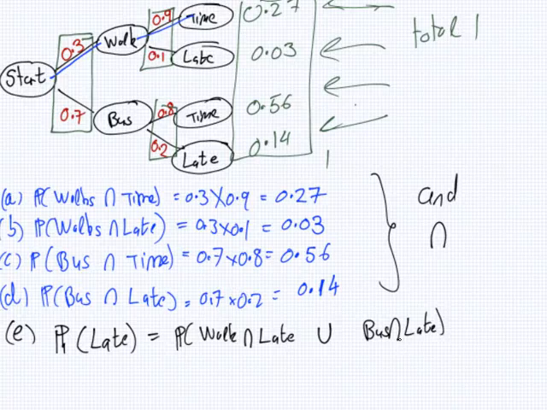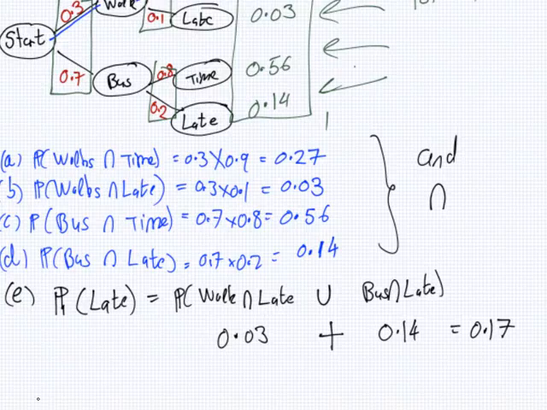So there's two ways they could be late. They could walk and be late, or take the bus and be late. The way we deal with or in probability trees is we add. Walk and late, well, we worked that out earlier. What was walk and late? 0.03. And bus and late? 0.14. So this one here is 0.17. That's the probability that they'll be late.